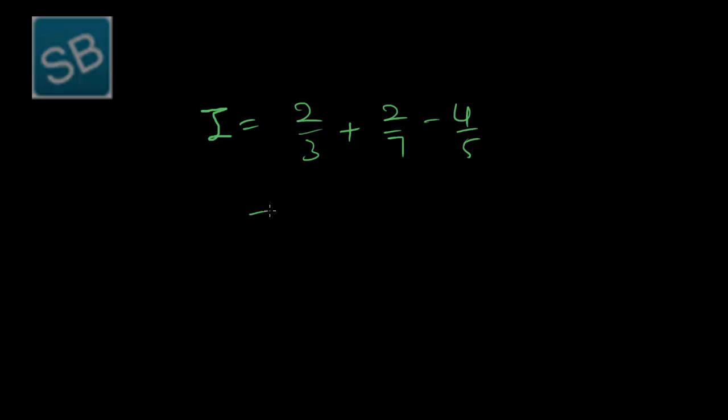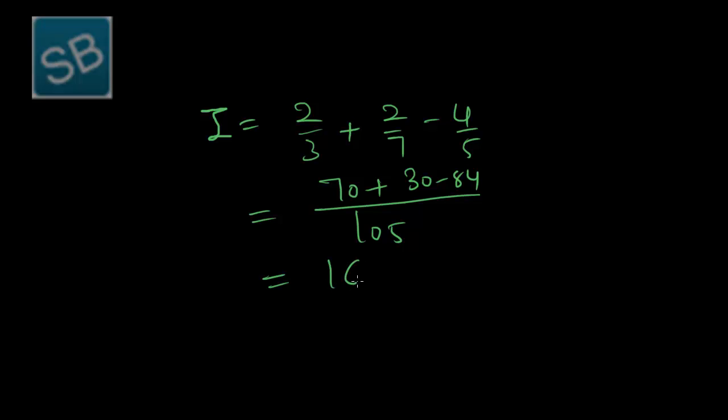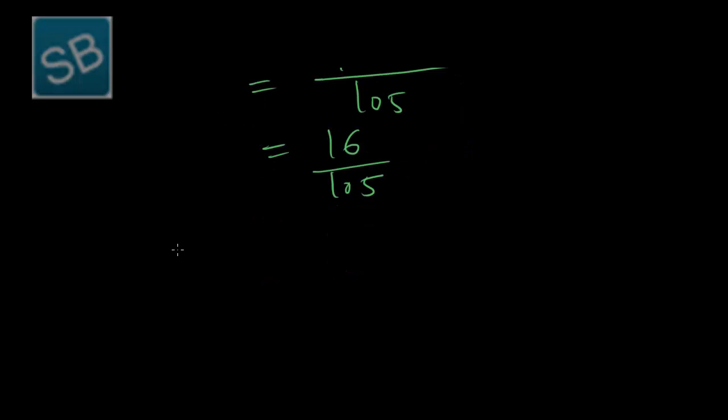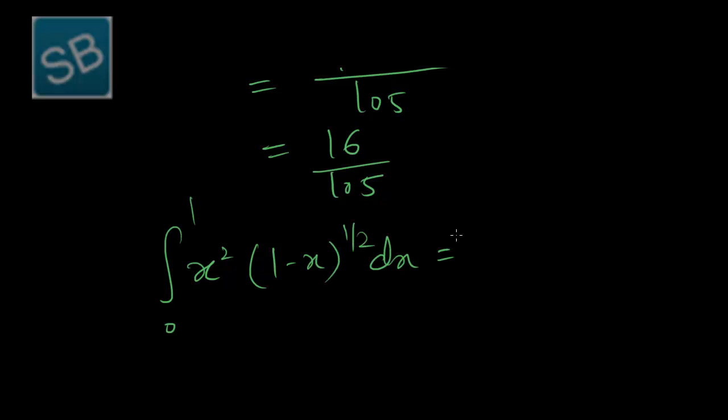That is, LCM is 105, and we get here 70 plus 30 minus 84. So as a whole we get 16 over 105. So the value of the integral from 0 to 1 of x square into 1 minus x raised to power half dx is equal to 16 over 105. So you see here, by using the property, changing x to a minus x, we get the required result.